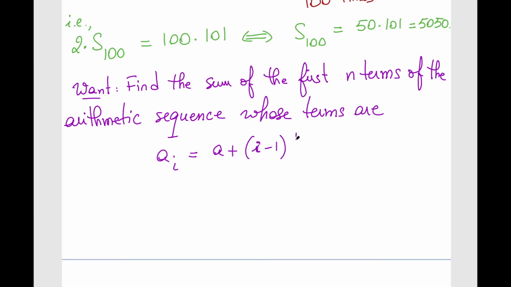This is the formula for the general term of the arithmetic sequence, and this is for all i bigger than or equal to 1, correct? So this is an i here.